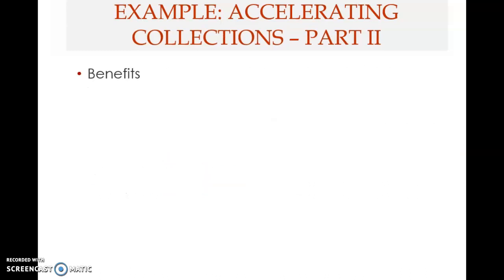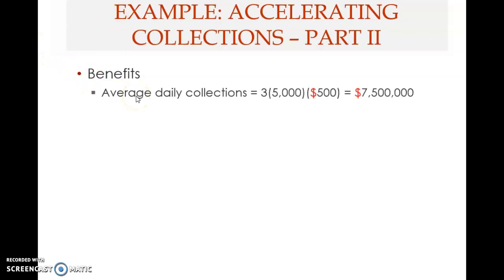So basically what we need to do is look at the benefits from the system. Remember, the NPV analysis is simply the present value of benefits minus the present value of the costs. Therefore, let's look at the benefits first, and then we look at the cost. What are the benefits?